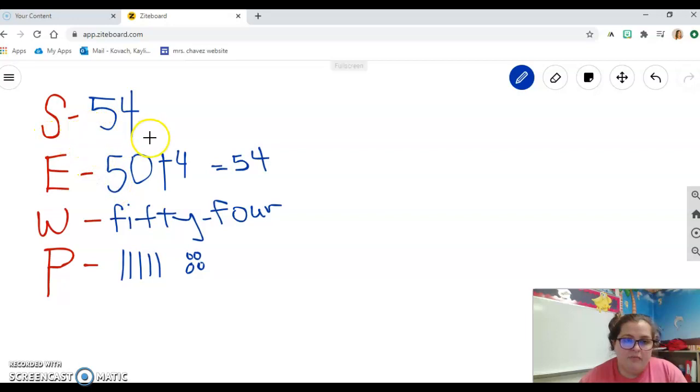Standard, the number 54. Expanded, 50 plus 4 equals 54. Written out, fifty-four. And right here, the picture version. 1, 2, 3, 4, 5, which also is 10, 20, 30, 40, 50. And 1, 2, 3, 4. 54. Let's go ahead and do another one.